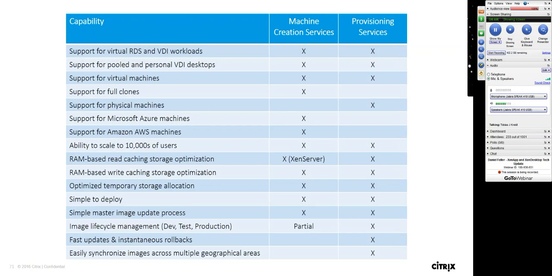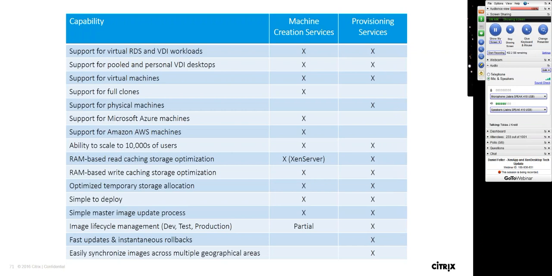This is basically what we came up with, looking at the capabilities of MCS and PVS. As you can see, they're very equal. Some of the differences you can point out: MCS can do full clones, PVS can do physical machines. MCS can do cloud, like Azure and AWS. But PVS has the fast updates, the instantaneous rollback, and makes it very easy to synchronize images across geographies.